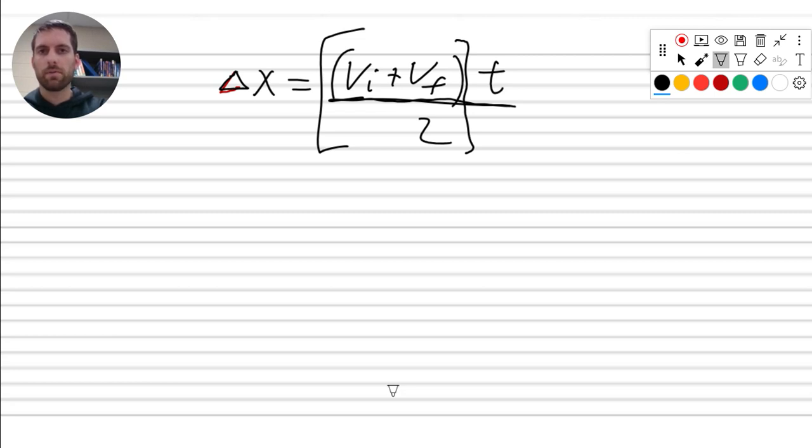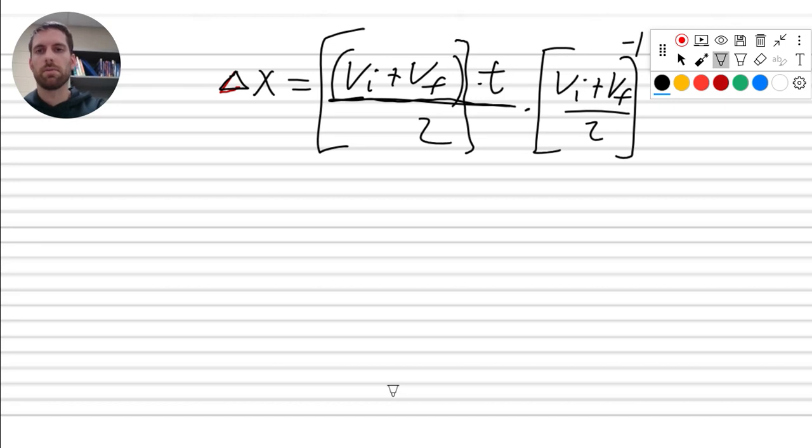So if we want time, we divide by the reciprocal of that. Whatever this is, inversed, I multiply that to both sides, which is just going to be 2 over vi plus vf.